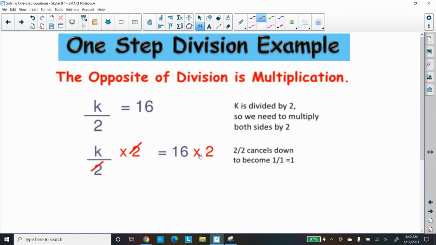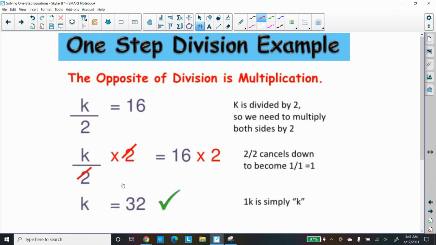So that way, we don't have to worry, because 1 times k will just give us that one little k. And remember, multiply the other side by 2. So you got to do that to both sides of the equal sign. And 16 times 2 is 32. So one little k is simply equal to k. So we don't have to write the 1 in algebra. We just write the letter. So k is equal to 32.